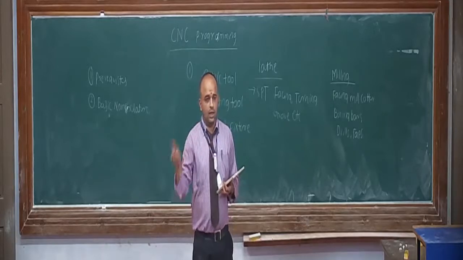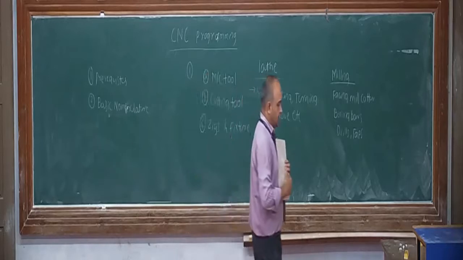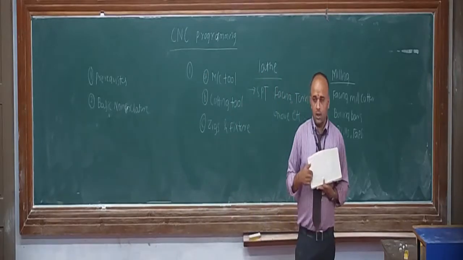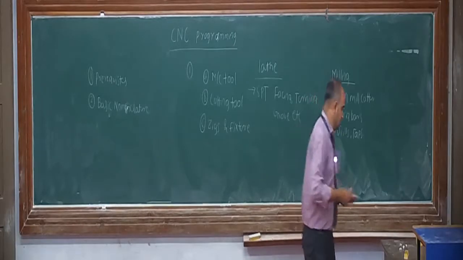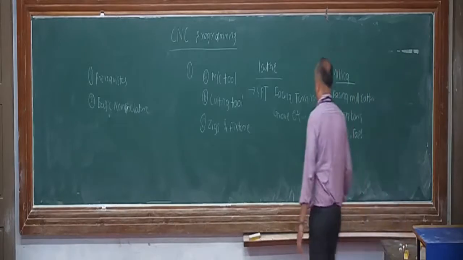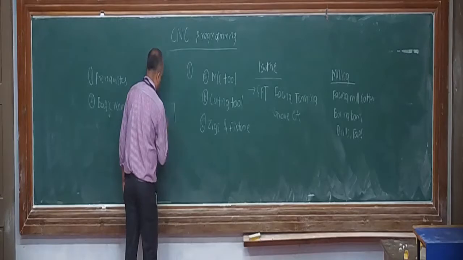Now you see the large number of holes on any product which I want to make. If it is a rectangular plate, there can be rectangular coordinates. If it is a cylindrical plate, they might have put polar coordinates, and we make a large number of holes. I'll just show it like this for your convenience. Suppose this is a workpiece, and I want to make the holes onto this.